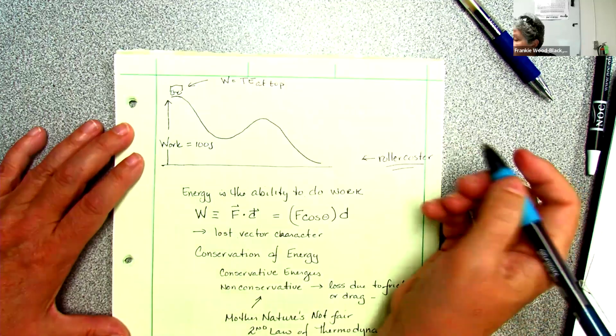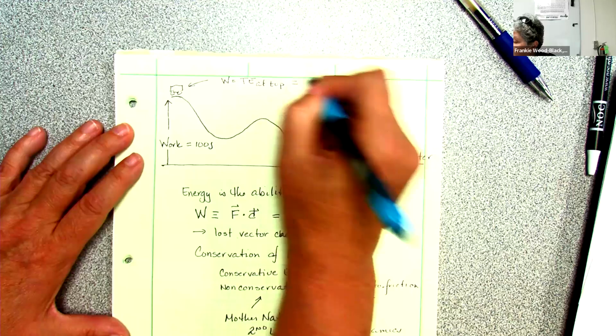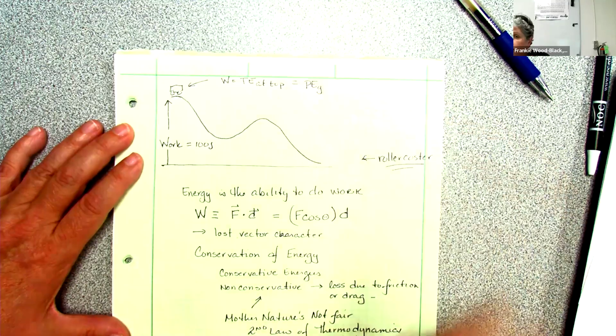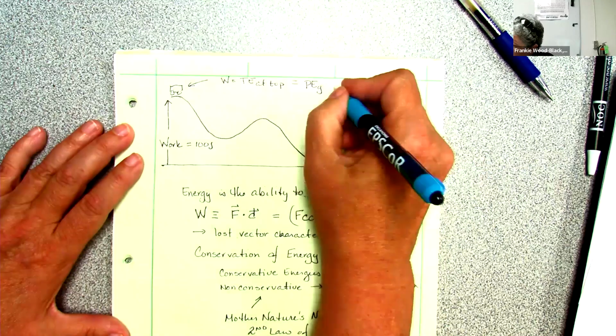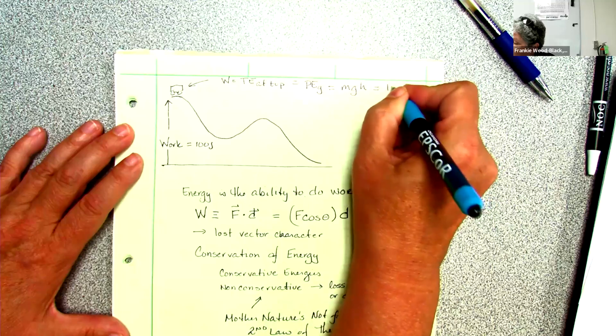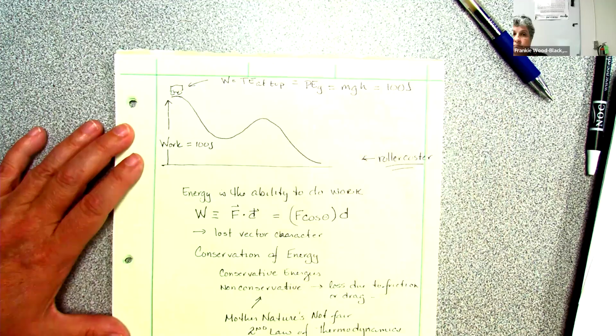And that's coming from our conservation of energy, which is now going to be equal to my potential energy due to gravity, which is equal to mgh, which is now going to be equal to my 100 joules.